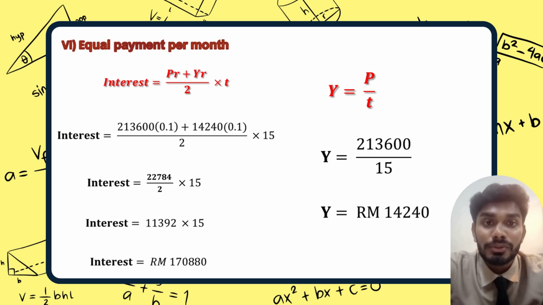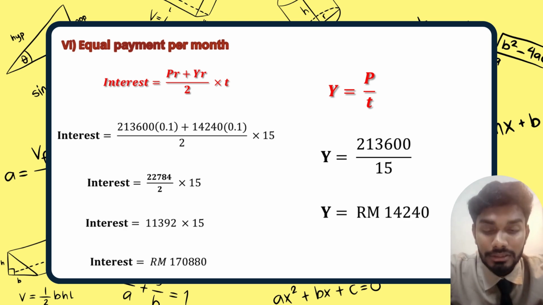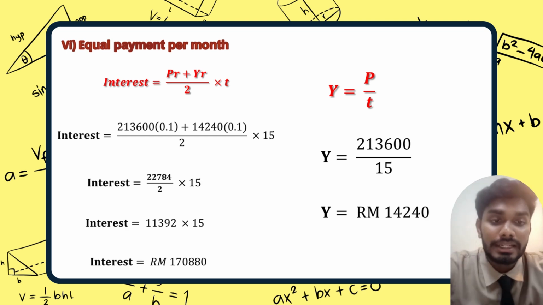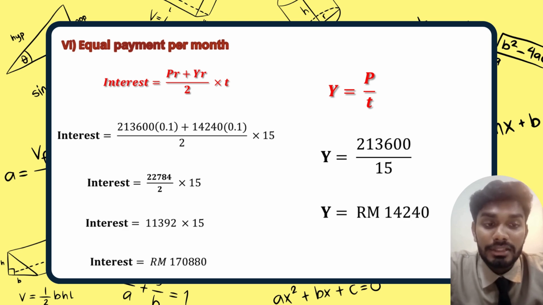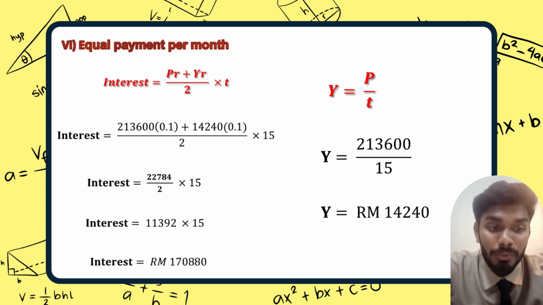For finding the equal payment per month, we need to use the housing loan interest formula: interest equals (PR plus YR) divided by 2, times time. P and R are already given, and Y equals P divided by T. So Y is 213,600 divided by 15 years, which is 14,240. Applying the housing loan interest formula: 213,600 times 0.1 plus 14,240 times 0.1, divided by 2, times 15 years, we get 170,880.